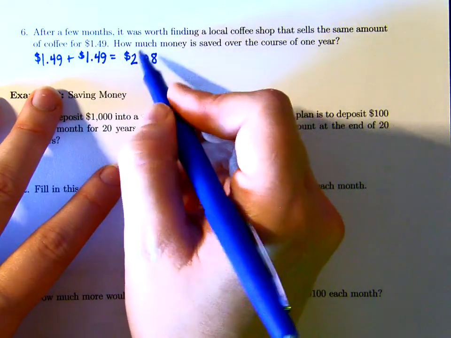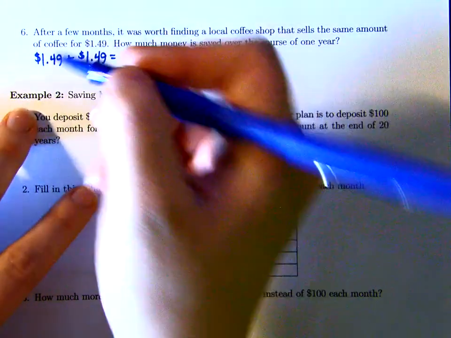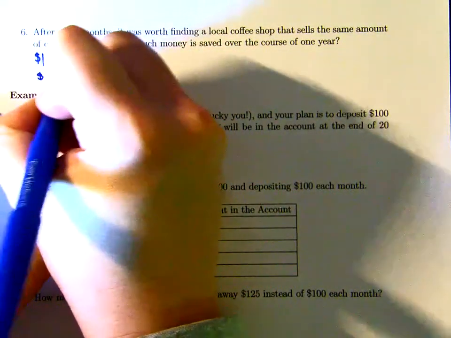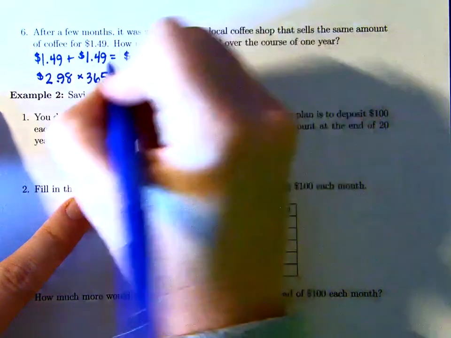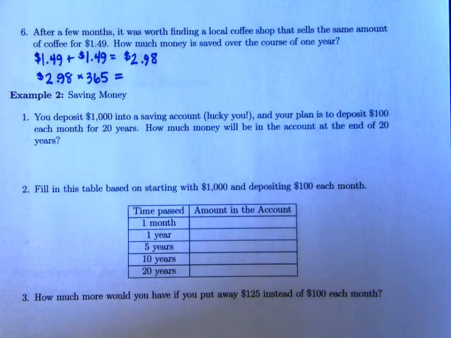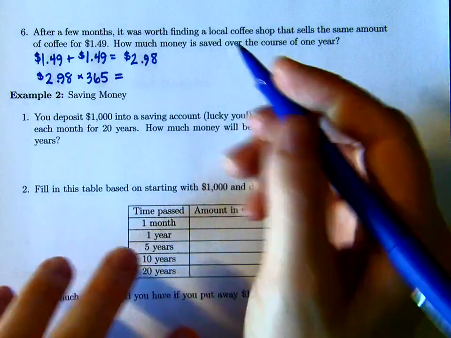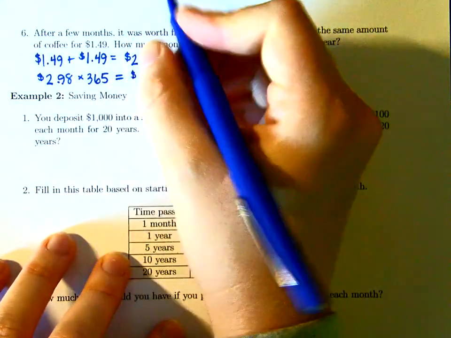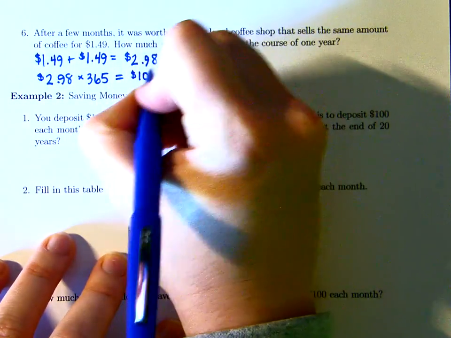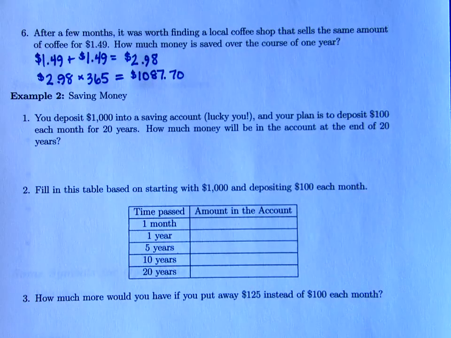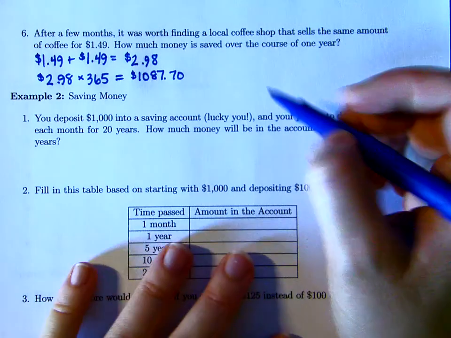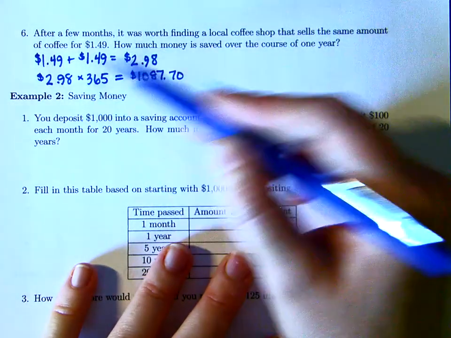And then this would happen 365 days out of the year. So almost $3 added 365 times. And I compute that on my calculator to be $1,087.70. You should verify that. And you should verify this addition that I did not use my calculator for.